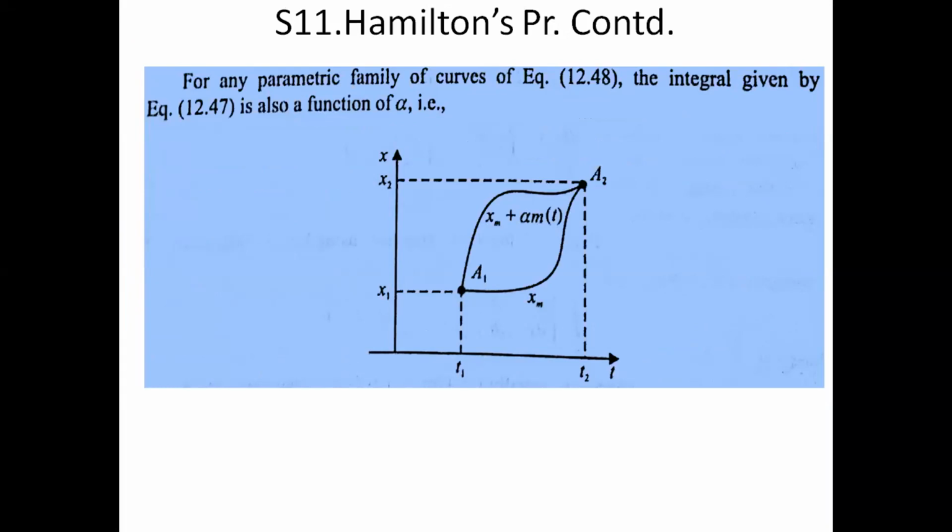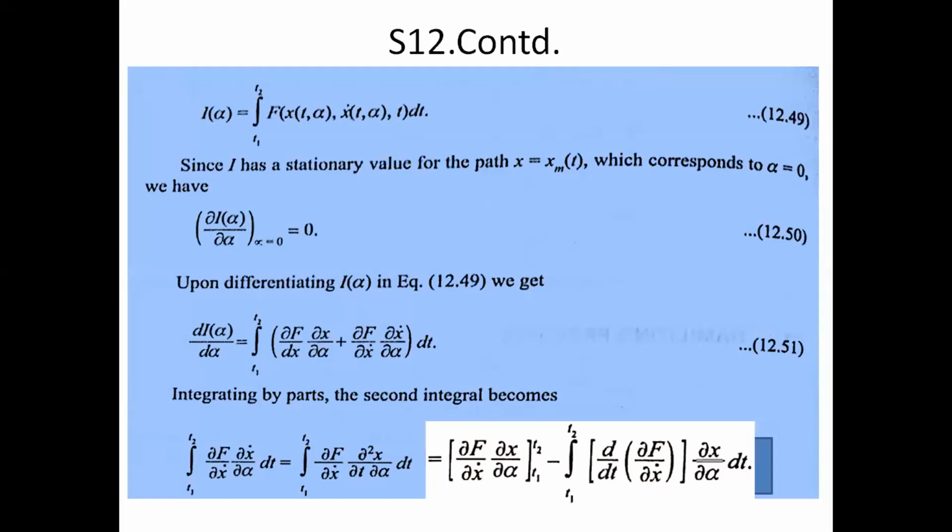In slide S10, I defined x(t) as x_m(t) plus alpha times n(t). Therefore, alpha is a parameter, essentially an open one, so I need to consider this. And with this, I go to slide number 12.